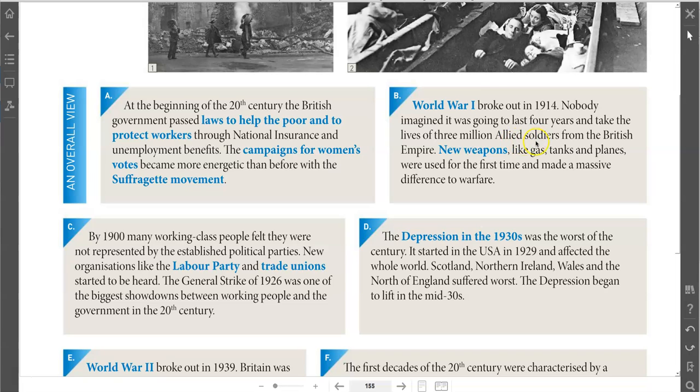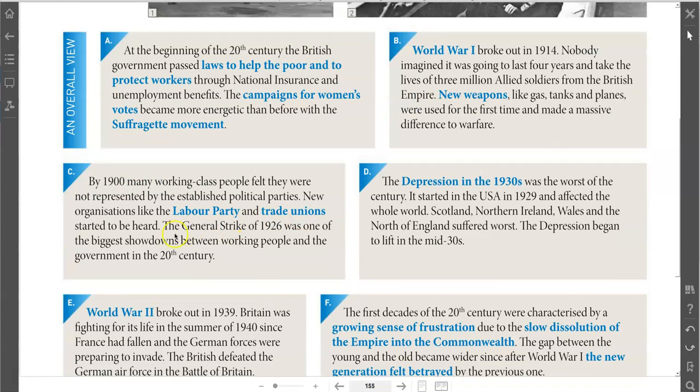They were Allied soldiers from the British Empire. New weapons were employed during the war, like gas, tanks, planes, and these were used for the first time and made a massive difference to the warfare.